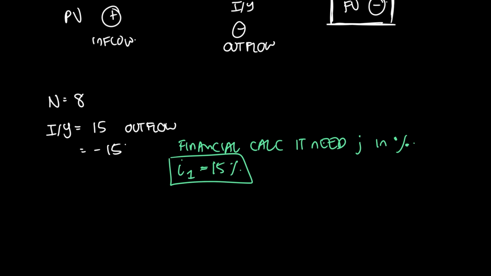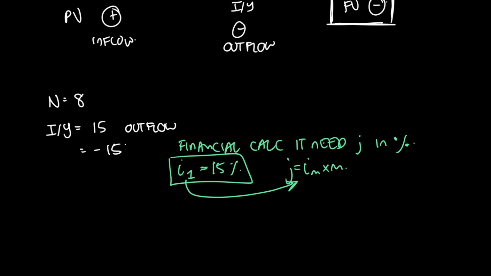But remember that J is equal to IM times M. So in this case, because we have I1, you won't see a change between the effective interest rate and the nominal interest rate. But you were correct to be a little bit concerned about the fact we just took our effective interest rate and are going to put it into our financial calculator as the nominal interest rate. So just remember, you should always check that. If it was a per month effective interest rate, we would have to make a conversion.